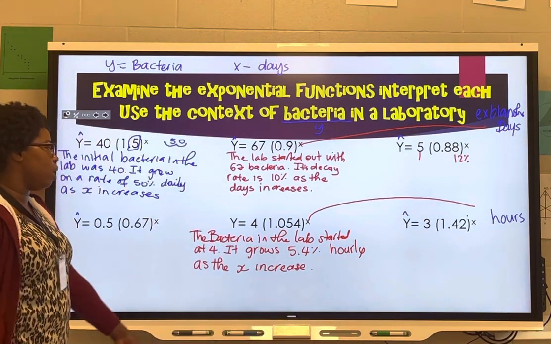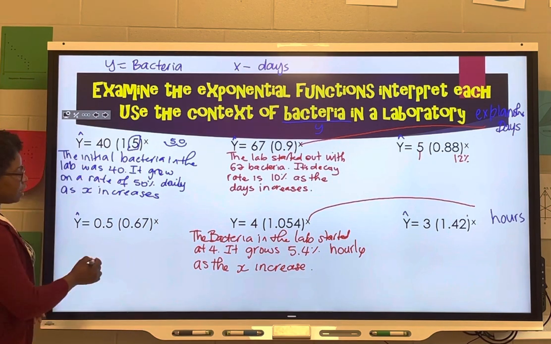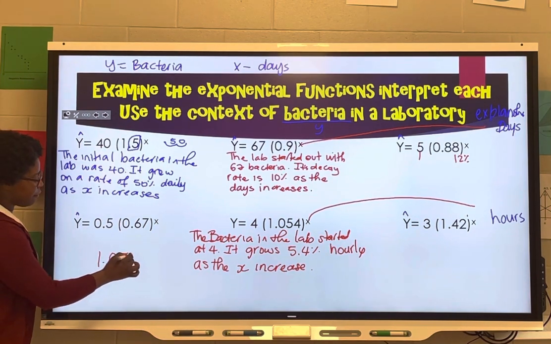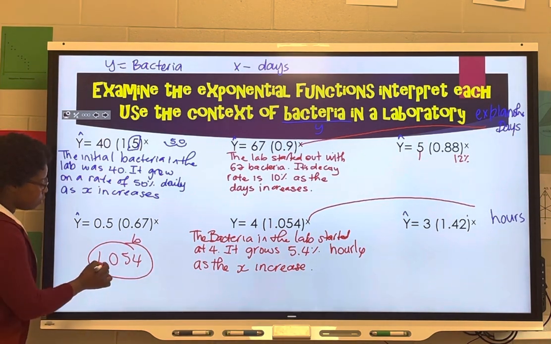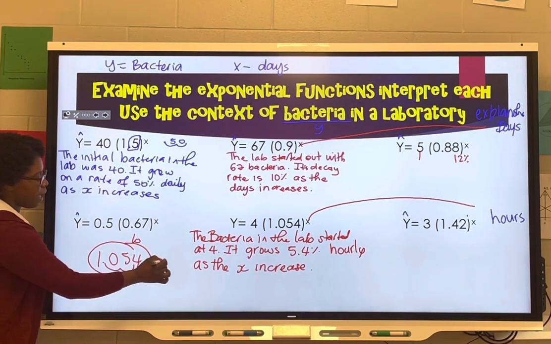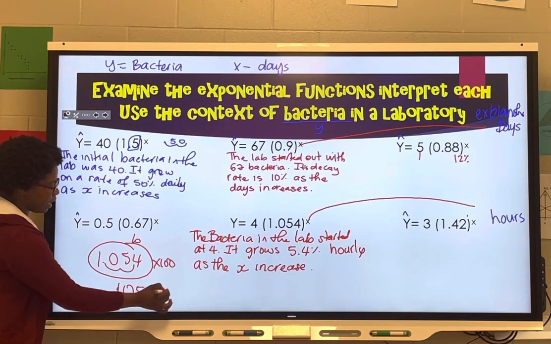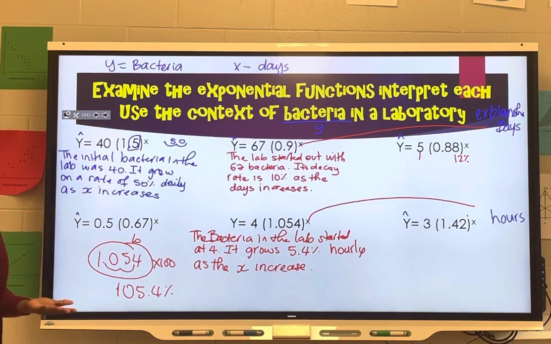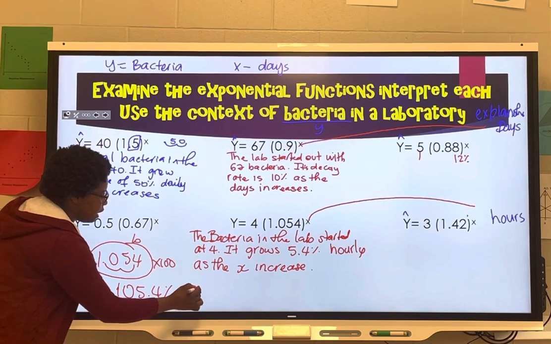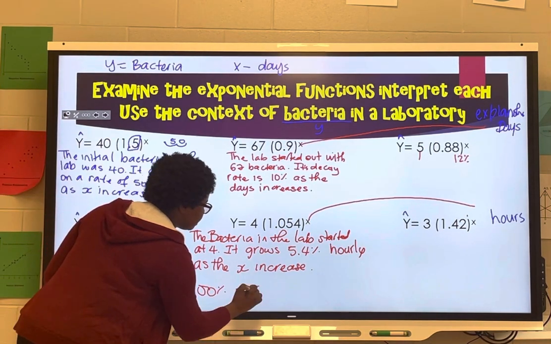And you may be wondering how I got the 5.4 here. I'm going to come at this and talk a little more about that. So 1.054 is your b value. We convert this to a percent, we move 1, 2, or you can multiply by 100. You should get 105.4%. Remember, the extra from 100 will tell you what's the growth rate. So if you say 105.4% minus 100%, that will give you 5.4%.